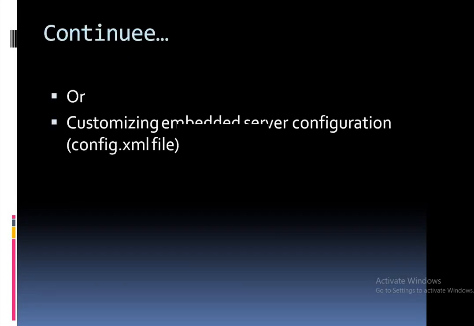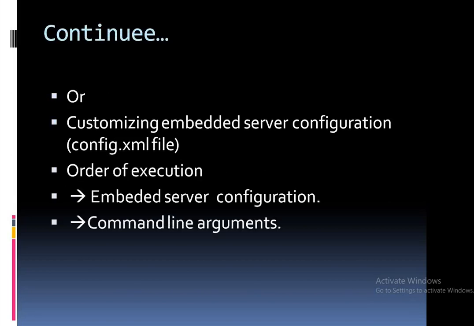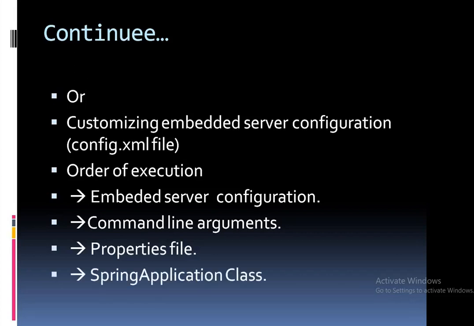Another way is customizing the embedded server configurations in a configuration file. The order of precedence is: embedded server configurations, then command line arguments, then the properties file, then the SpringApplication class. This is the order of execution, showing which one is given more preference.